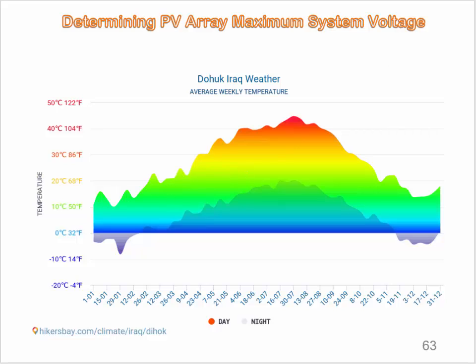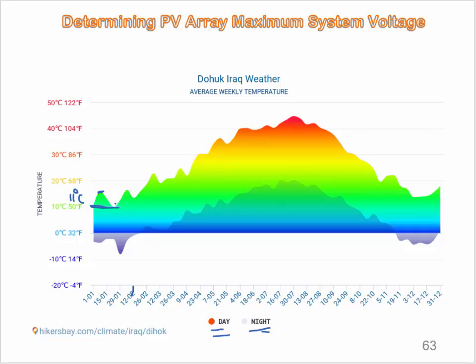Another curve we may see looks like this. Here also we have the day and night. The upper one is for the day. This is the temperature in January, then here we have February and so on. I think this is the lowest value, and the temperature is about 12 or 11 Celsius.